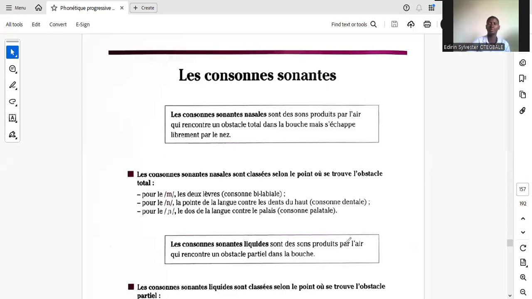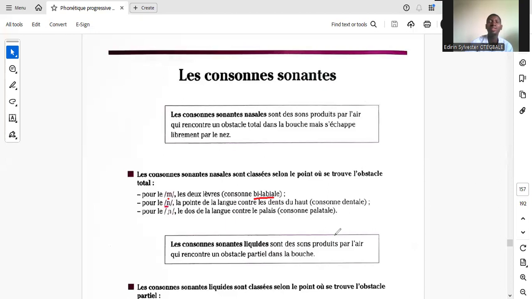These consonant phonemes, consonant nasal. M is like the P and B we looked at at the level of the occlusives in our previous classes. It's a bilabial sound. C'est un son bilabial.